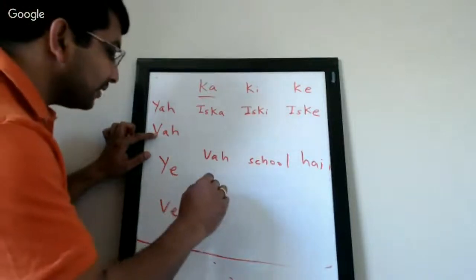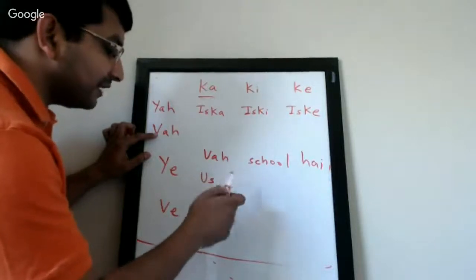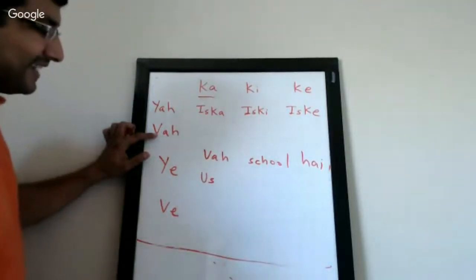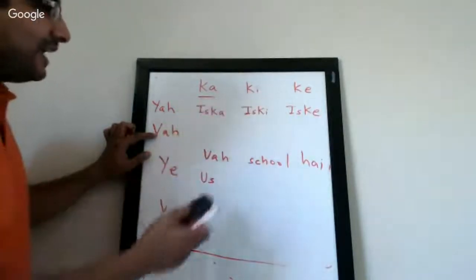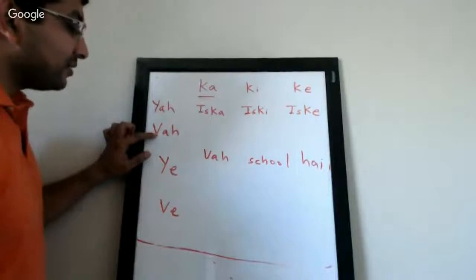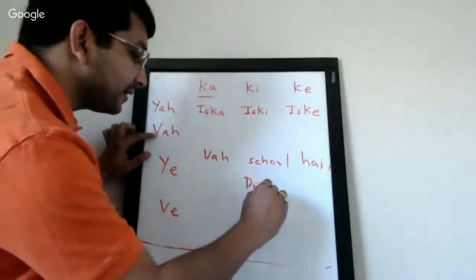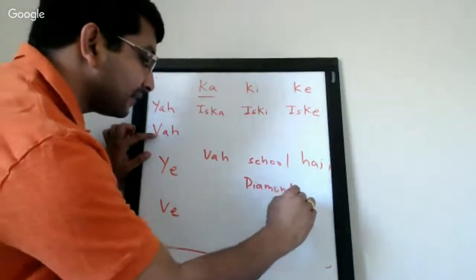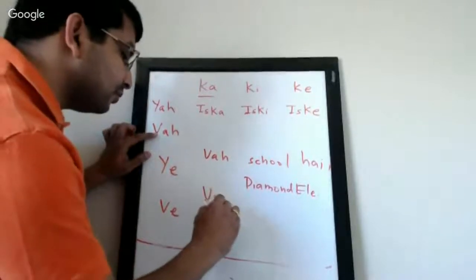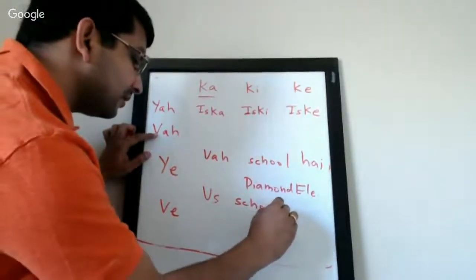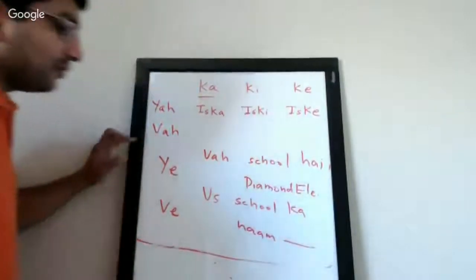It would be us school mein, but I want to use ka, ke, or ki. Let's say the name of that school is Diamond Elementary. उस स्कूल का नाम, and then you can use whatever, right?